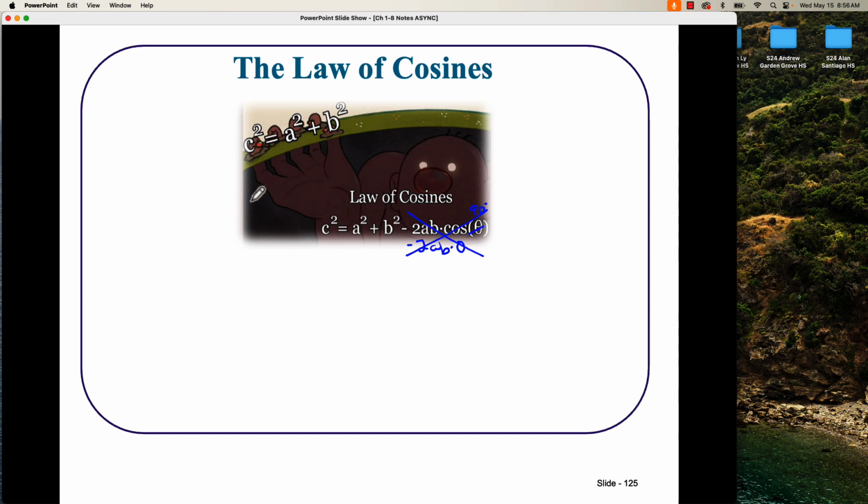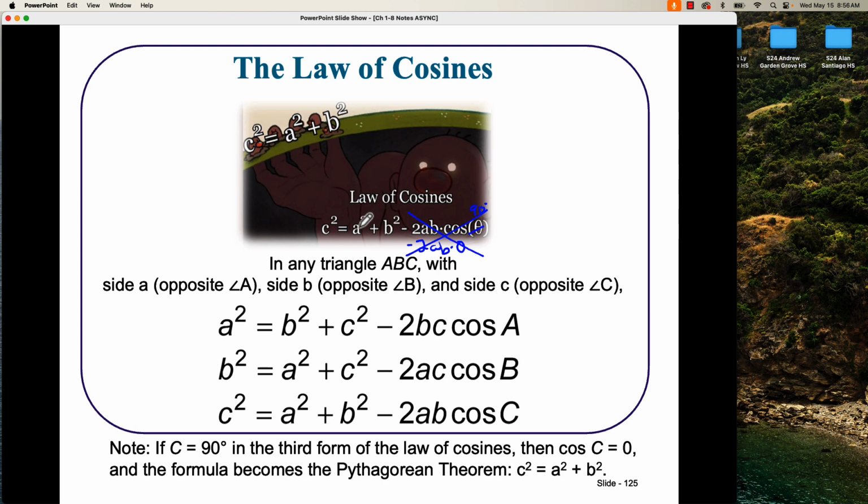All right, let's look at the law of cosines in its entirety. In any triangle ABC with side a opposite angle A, side b opposite angle B, and side c opposite angle C, we have three possible forms of the law of cosines.